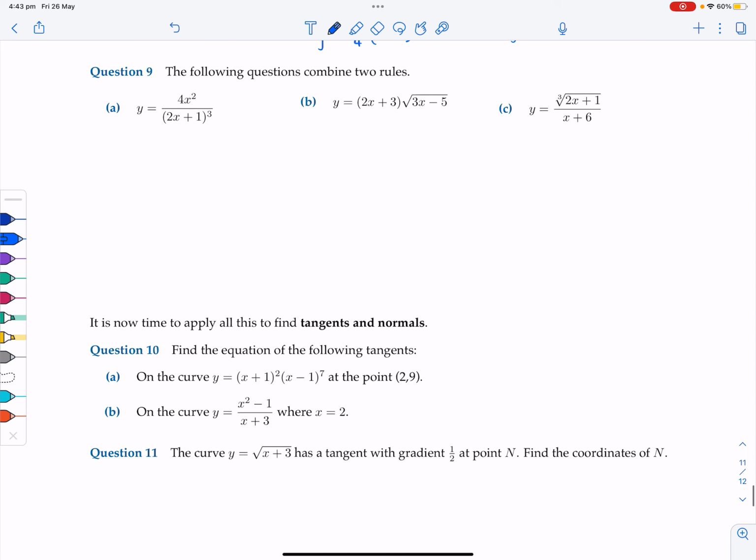Okay, question 9. The following questions combine 2 rules. So they're starting to look a bit more funky, aren't they? So this is a quotient rule, but to get the derivative the denominator needs a chain rule, right?